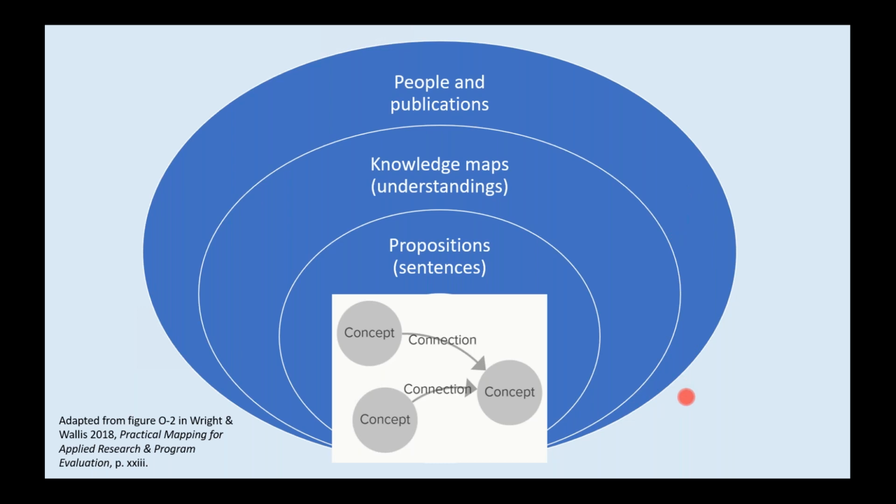Okay. As evaluators, our job is to provide information and understanding for a practical purpose. In other words, to provide better knowledge maps. Going back to our geographic maps metaphor, early geographic maps had a small number of waypoints and routes between them. They had a lot of uncertainty and a lot of blank spots on the map.